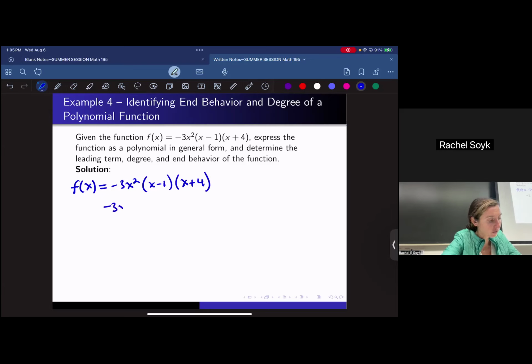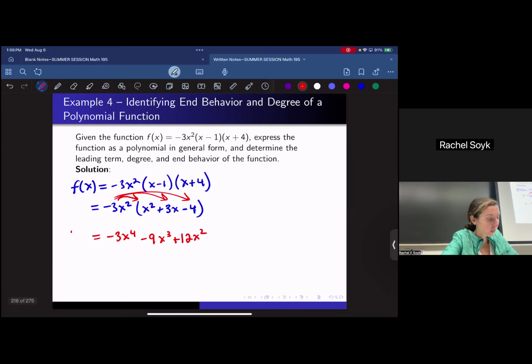So I'm first going to FOIL out those two binomials in order to get x squared plus 3x minus 4. And then I'm going to utilize distributive property. So then I end up with negative 3x to the 4th minus 9x to the 3rd plus 12x squared.